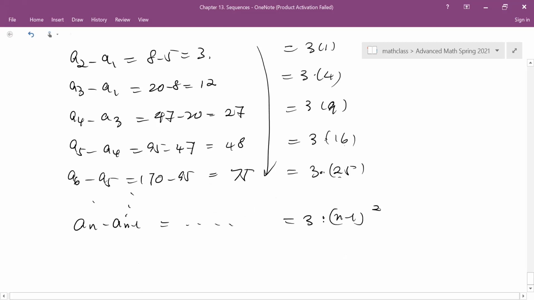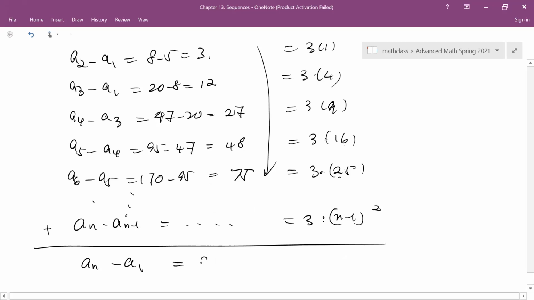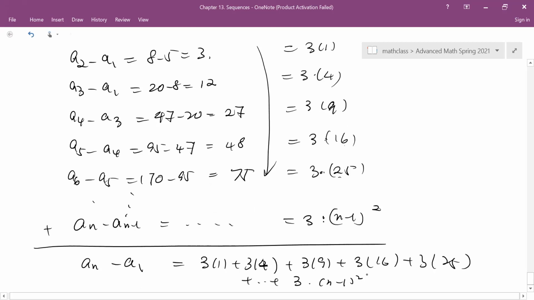Okay. Add all the terms together. The first term and last term are left. All the terms in the middle are gone. And then I have 3 times 1, plus 3 times 4, plus 3 times 9, plus 3 times 16, plus 3 times 25, and keep going, 3 times (n minus 1) squared.